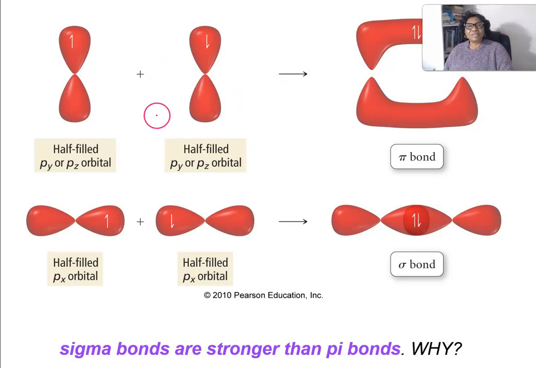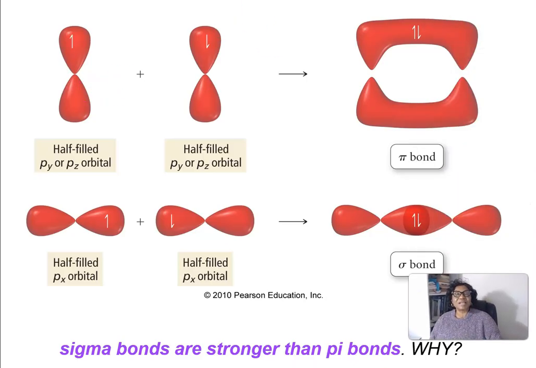So in this case, they are sideways, you see. They are standing sideways. This is a p orbital, py or px. And when they interact, this is a pi bond. Look at how a pi bond looks.